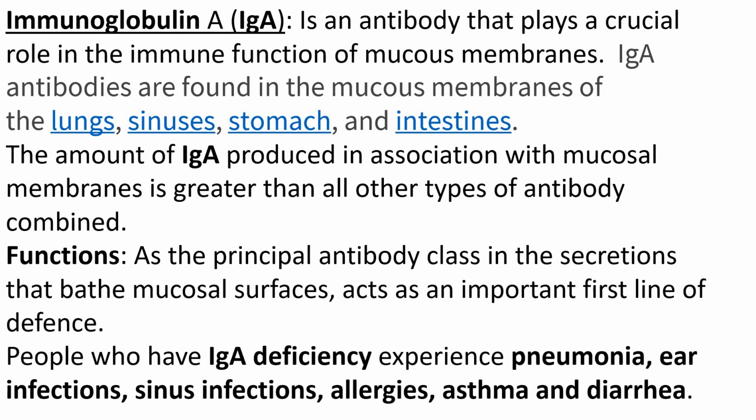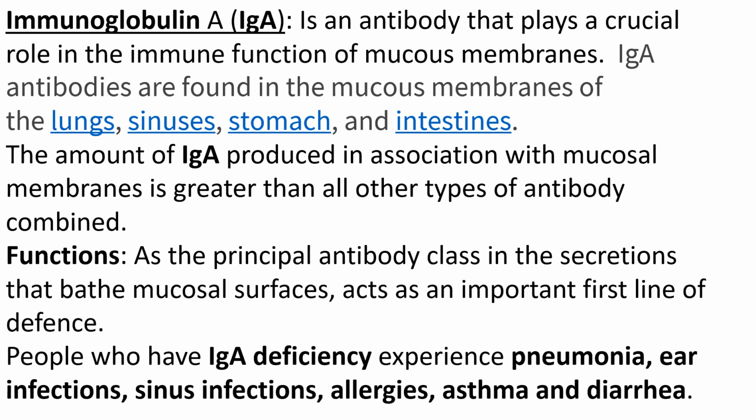Immunoglobulin A is unique in the sense that it protects the mucous membranes of various organs and tissues from infection. And IgA antibodies are found in the mucous membranes of lungs, sinuses, stomach, and intestine. And the amount of IgA produced by these mucosal membranes is greater than all other types of antibodies combined.